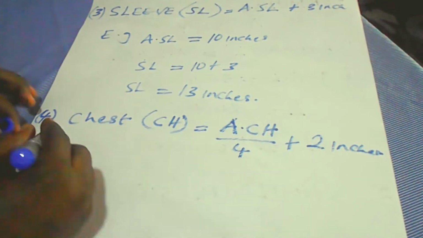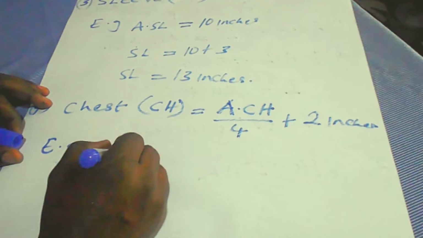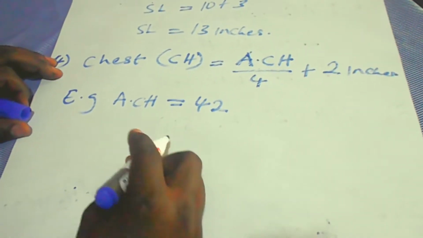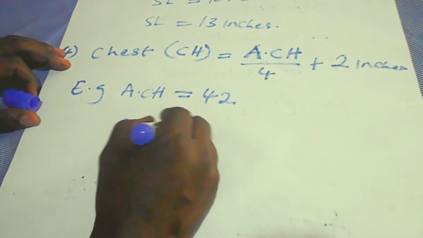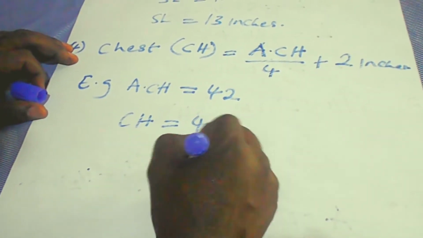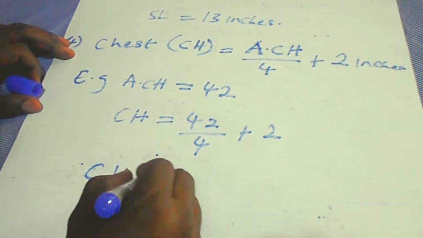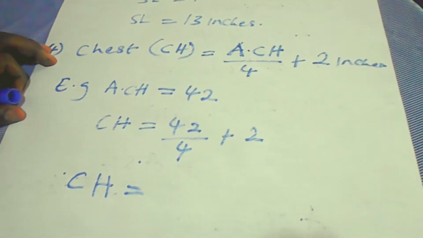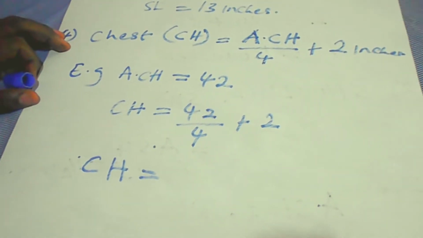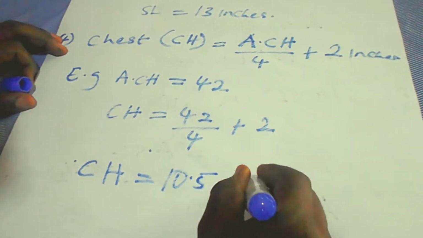Now, for example, if the actual chest measurement of the client is 42, the chest you are going to use when cutting will be 42 divided by 4 plus 2. 42 divided by 4 is 10.5, plus 2.